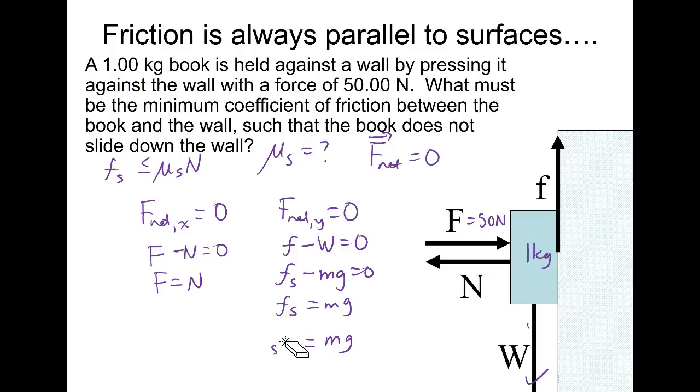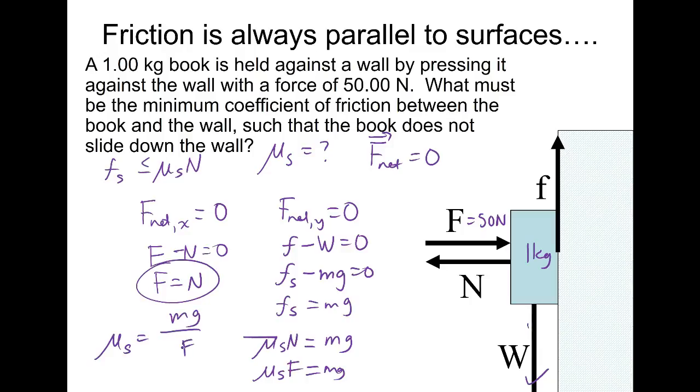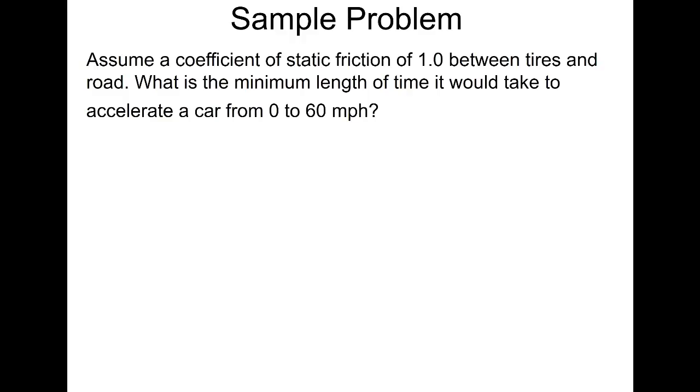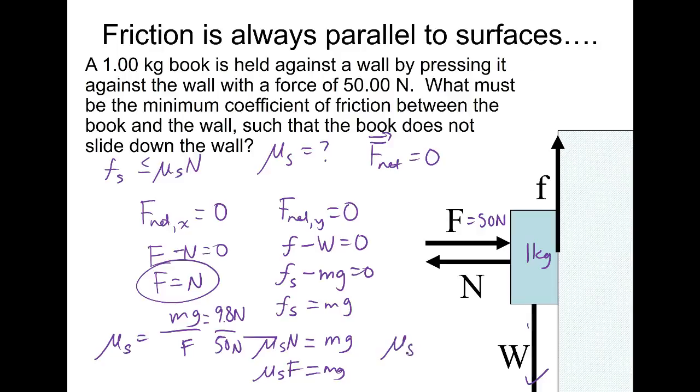And we're given that the normal force is equal to the applied force, so mu s times F is equal to mg, and finally we can get that mu s is equal to mg over F, which is just going to be 1 kilogram times 9.8 over 50, which is a little bit less than 2. Okay, so the answer here is just about 0.2.